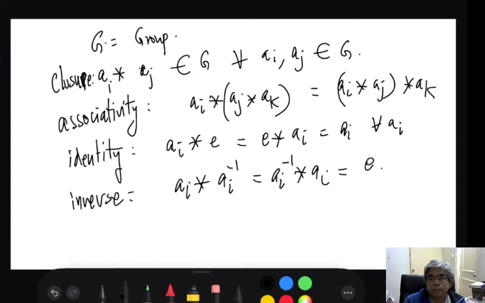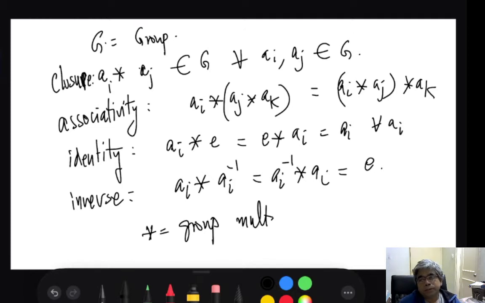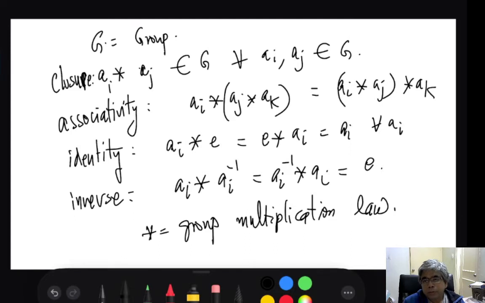Now, this star which I used is the group multiplication law. In general, you can define a group with a set of properties.